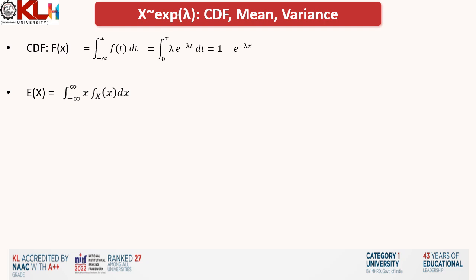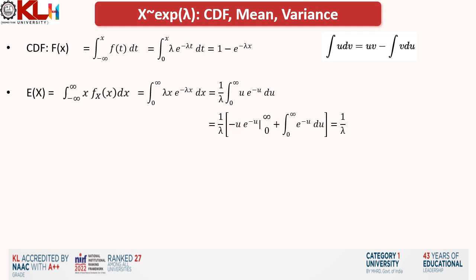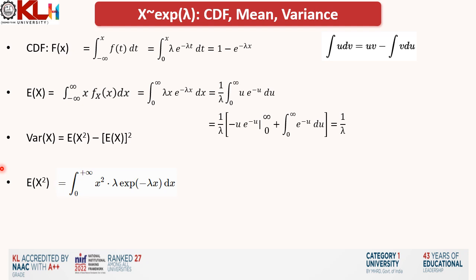The expectation can similarly be calculated by multiplying the PDF with x and integrating from 0 to infinity. Here we have to use integration by parts, and you can see that the expectation of an exponential random variable is 1 over lambda. Similarly, the variance of x can be calculated by first calculating the expectation of x squared, and here again we use integration by parts to get the answer 2 over lambda squared.